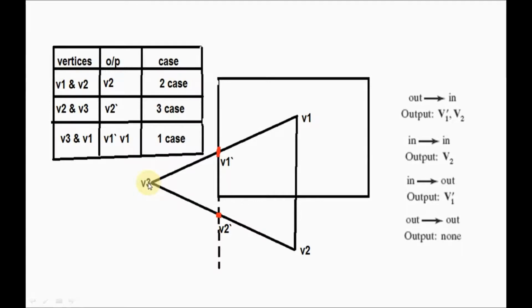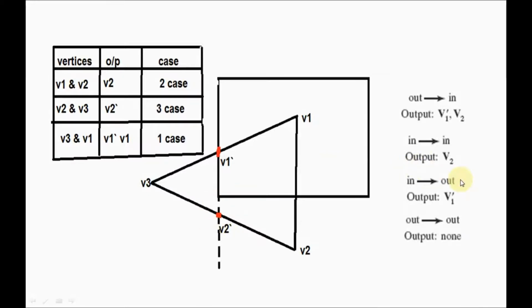So what is the case? Inside to outside. The movement is inside to outside. Inside to outside means the output is the intersection point on that edge. So what is the intersection point here? Between V2 and V3, V2 dash is my intersection point.